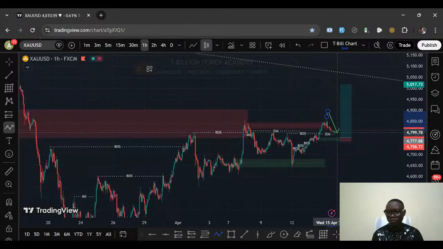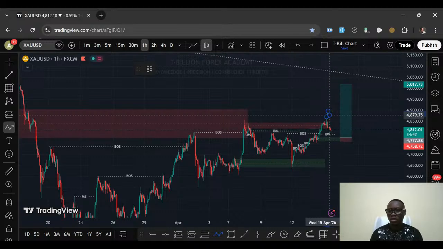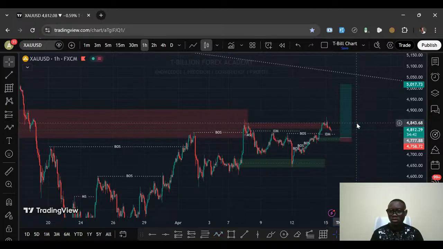Hence, I'm trying to keep my take profit right at this last swing high. Okay, so let's work with that.